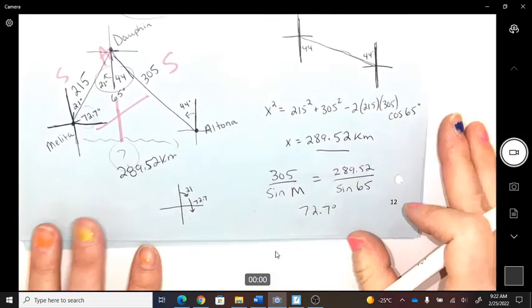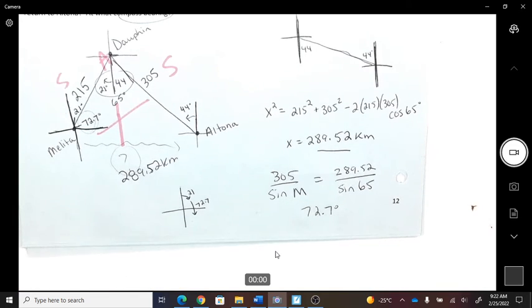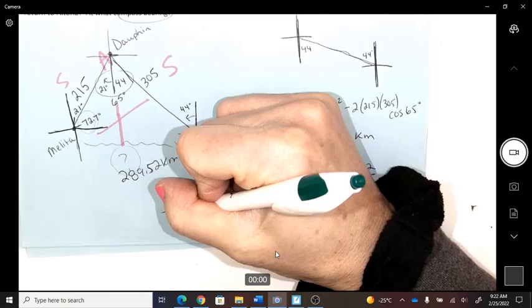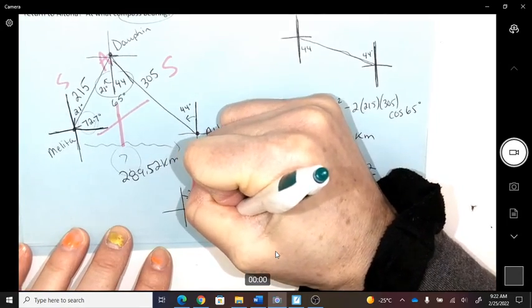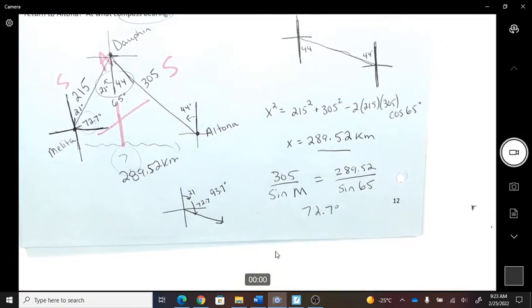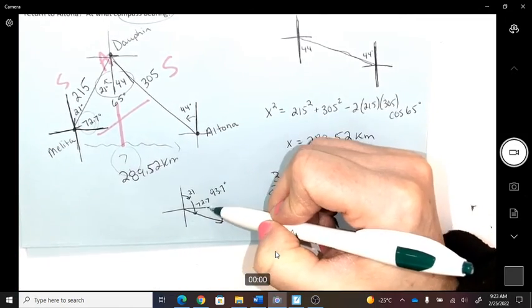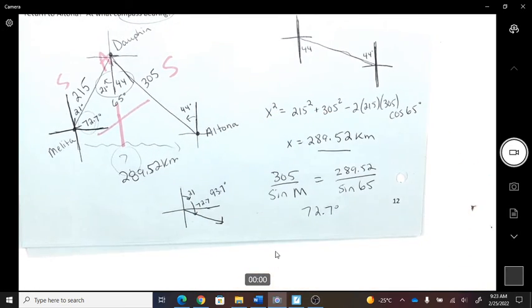Where exactly are you? 21 plus 72. That's 93.7 degrees. So you're actually lower than the east. Does that make sense? Because the 90 degrees would put you exactly east.